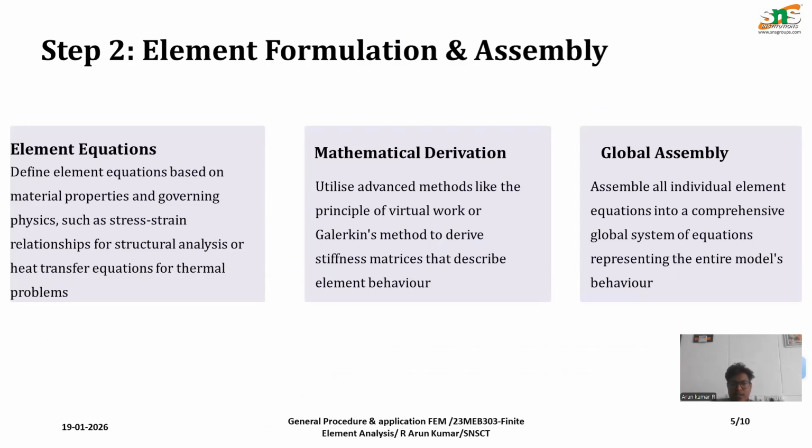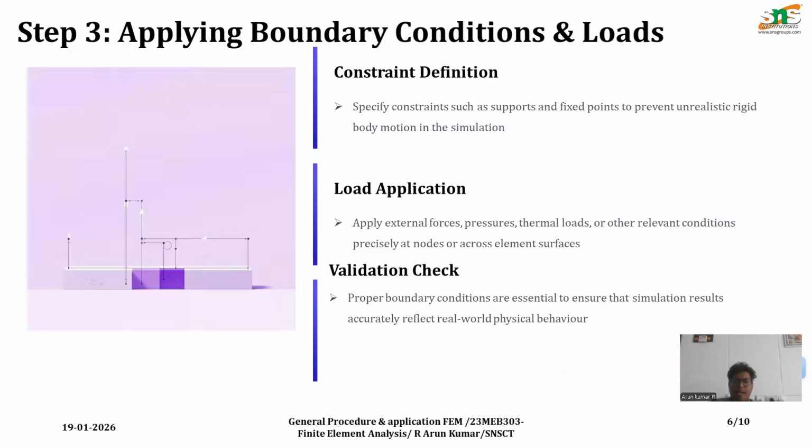The mathematical derivations utilize advanced methods like the principle of virtual work and the Galerkin method to derive the stiffness matrix that describes the element behavior. Then the global assembly: assemble all the individual element equations into a comprehensive global system of equations, representing the behavior of the entire model.